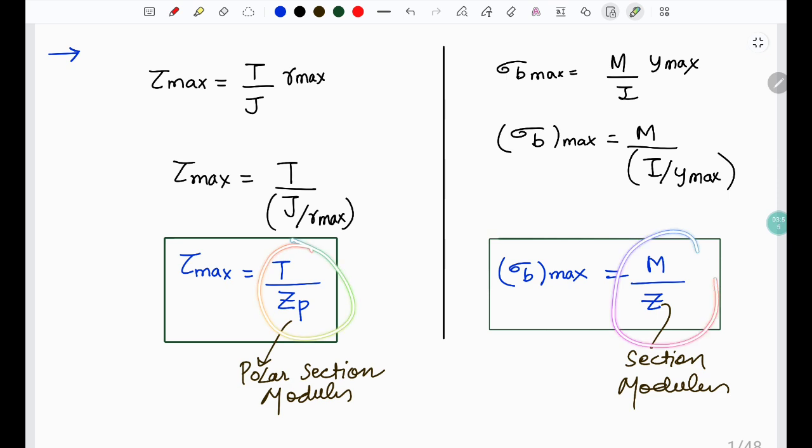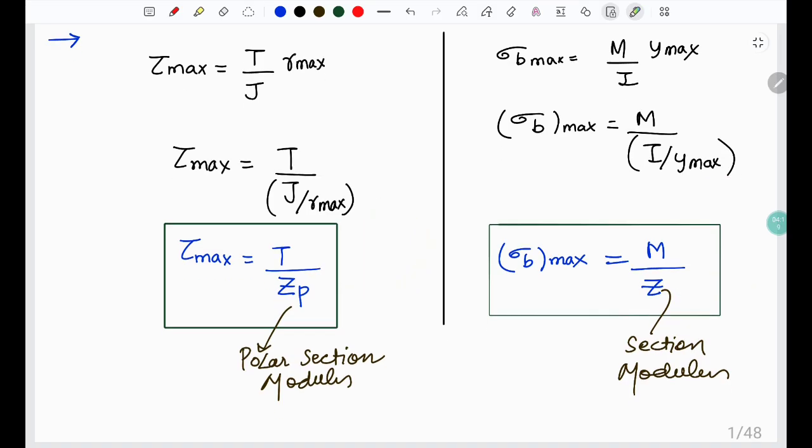In here we have bending moment over the section modulus. The polar section modulus is calculated by polar moment of inertia over the maximum radius. The section modulus in case of the pure bending is calculated as moment of inertia over the maximum distance towards the top fiber or bottom fiber from the center of the cross section.